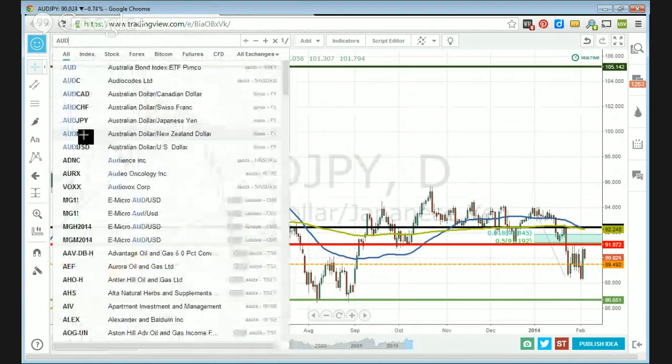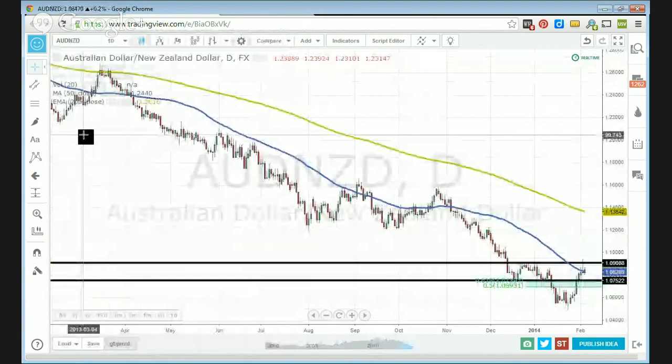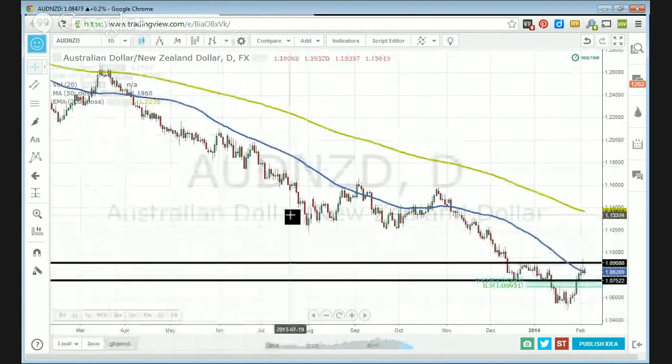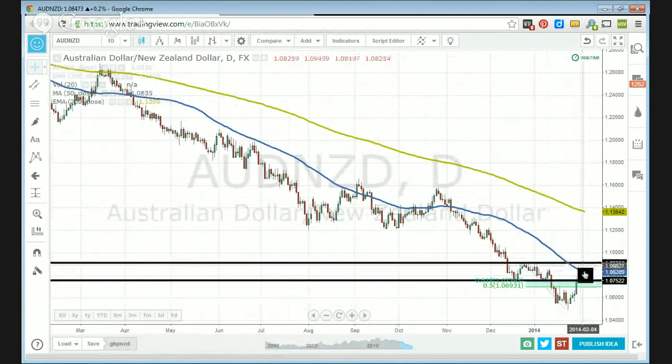Aussie Kiwi. Okay. This is also interesting to see. We had a rally here, and then this is a reversal candlestick after yesterday. So it tested 109, and the bears came in and shot it right back down. That is an interesting short.